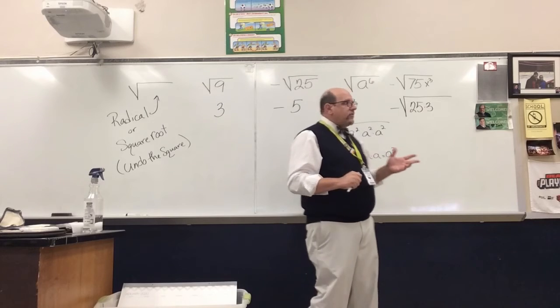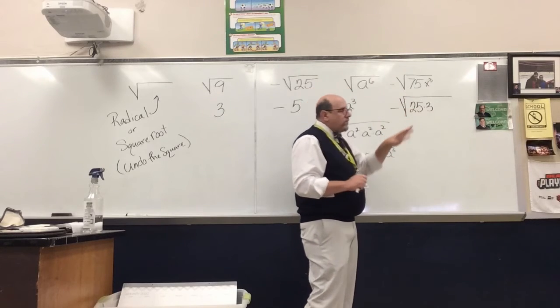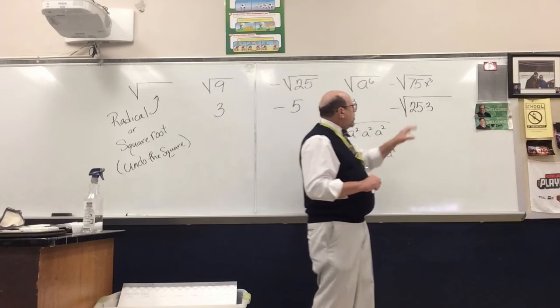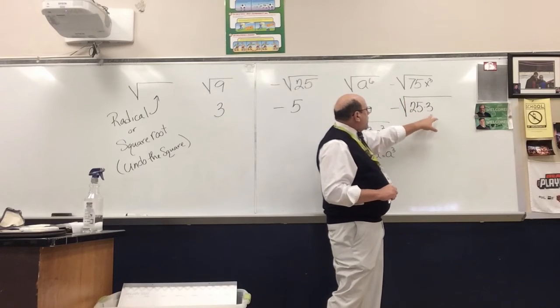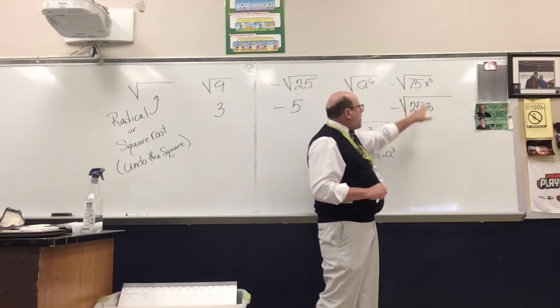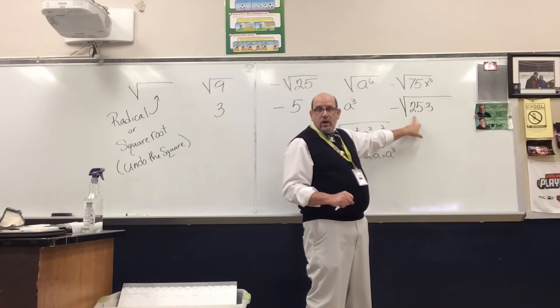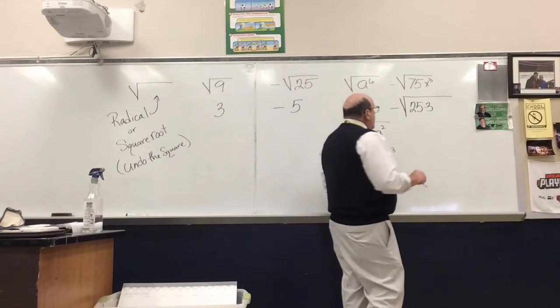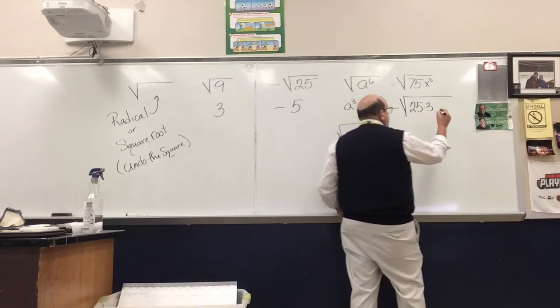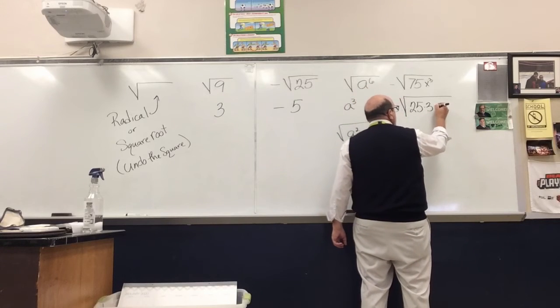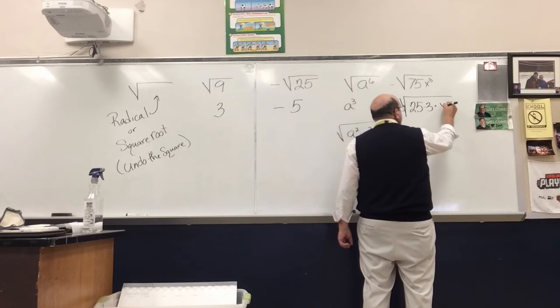Well, we think pretty well in 25, so we're okay with that. So 25 times 3 gives me 75. Now, I can take the square root of 25. I can. And I'm going to rewrite this in a minute, but I'm going to work on the variables as well.